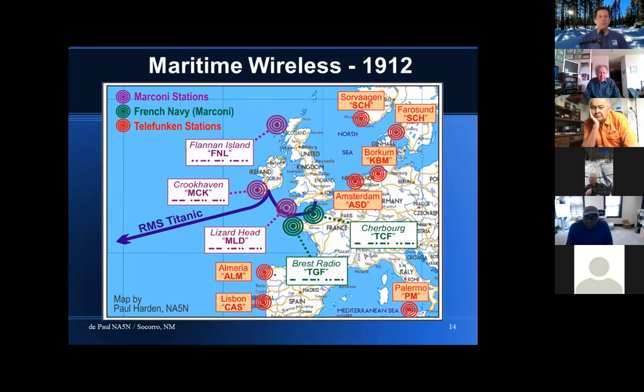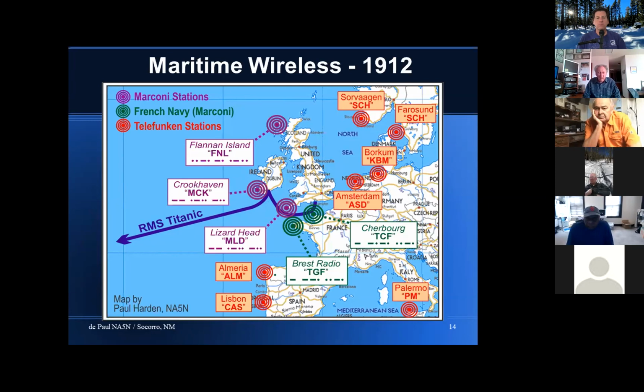Here's an example of what the wireless system in Europe looked like in 1912. You see the Marconi stations in maroon, the French in green, and the Telefunken in red.